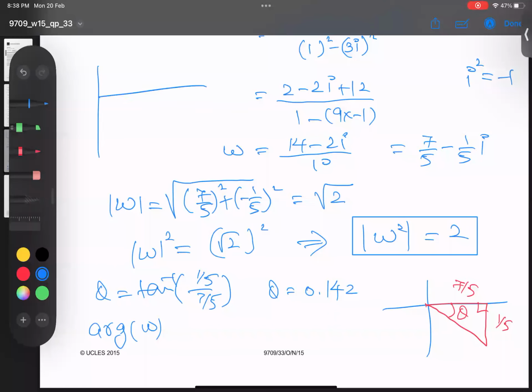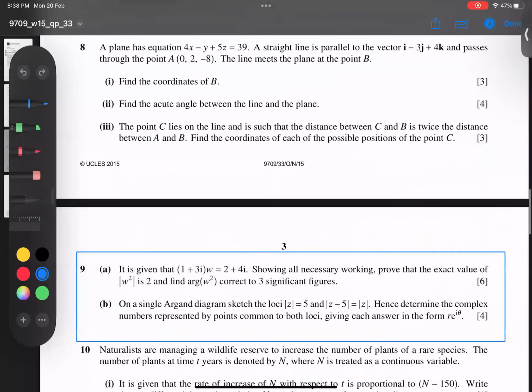If your theta is this, what is the argument? Start from the positive x-axis till this one, so it's coming negative because I'm going clockwise. Clockwise is always negative. So what is the argument? The argument is negative 0.142. Make sure theta is this angle only, but as I'm going clockwise, this is coming with a negative sign. But now, what is the basic criterion for W square?